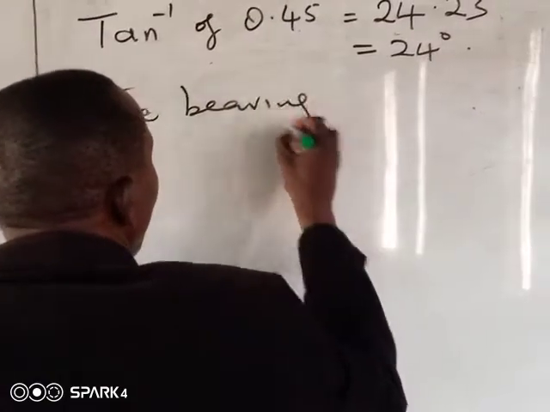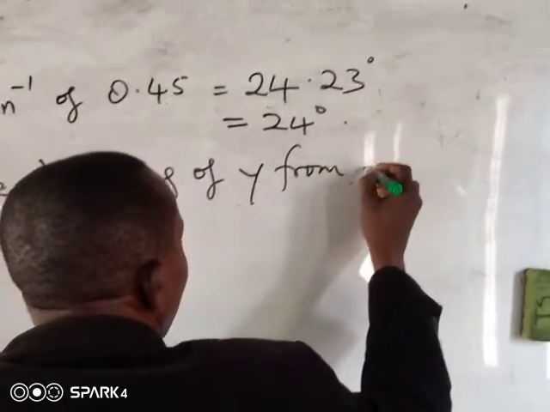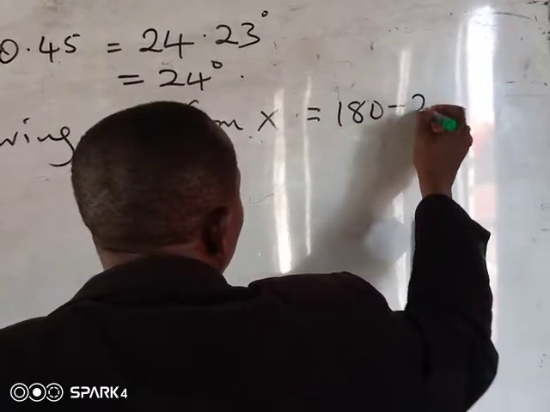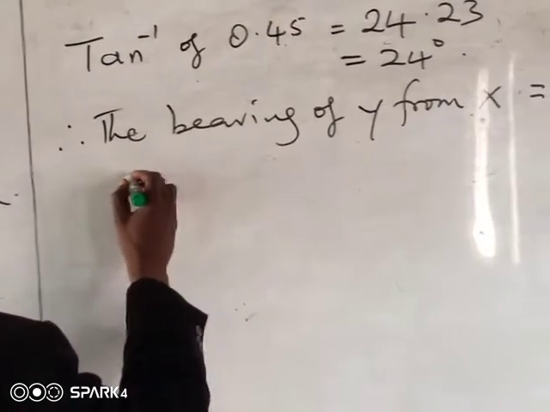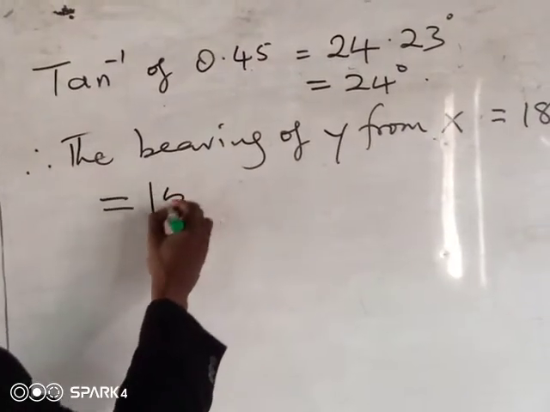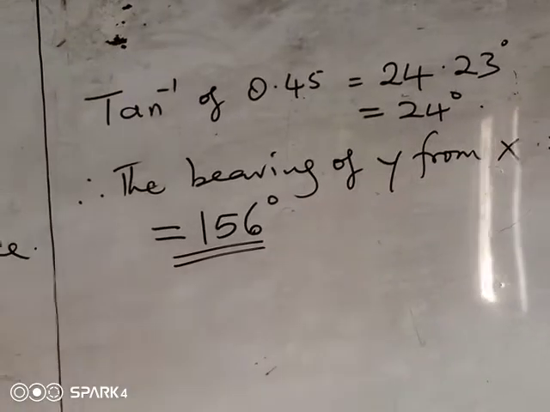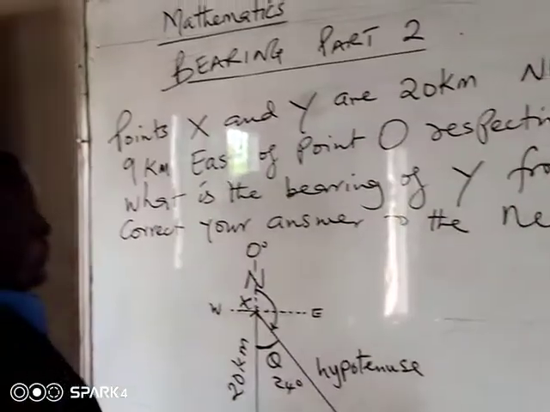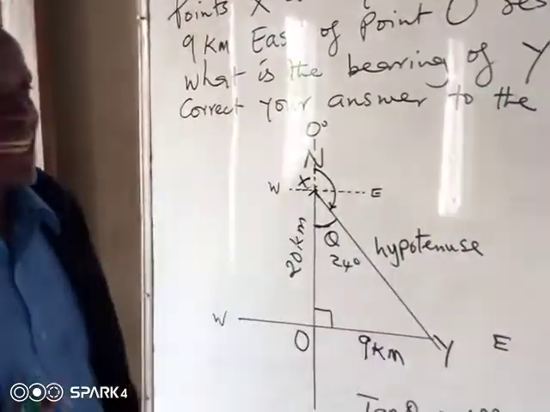Therefore, the bearing of Y from X is equal to 180 minus 24, which is equal to 156 degrees. This is my answer. So the bearing of Y from X is 156 degrees. It's as simple as that.